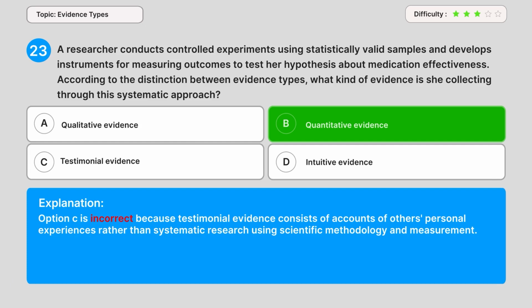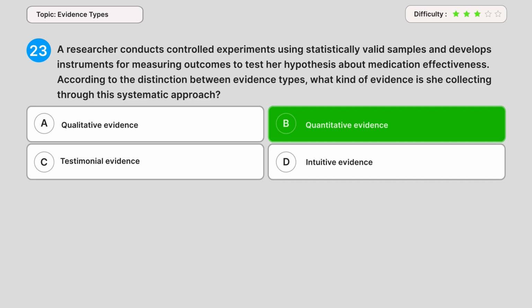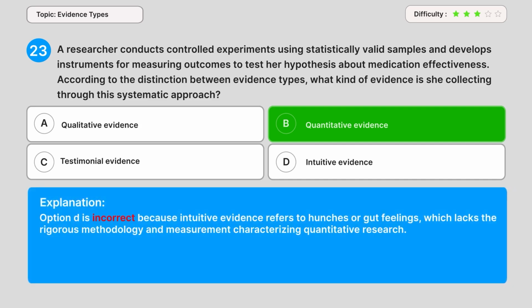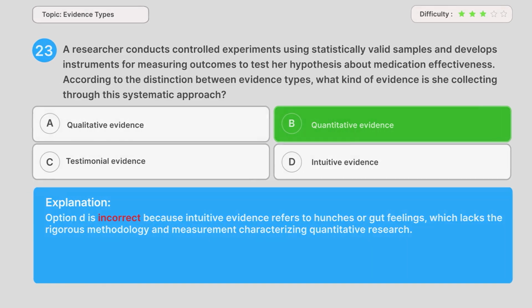Option C is incorrect because testimonial evidence consists of accounts of others' personal experiences rather than systematic research using scientific methodology and measurement. Option D is incorrect because intuitive evidence refers to hunches or gut feelings, which lacks the rigorous methodology and measurement characterizing quantitative research.